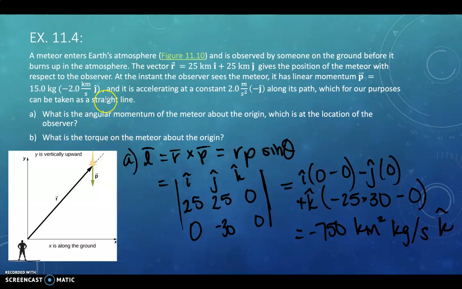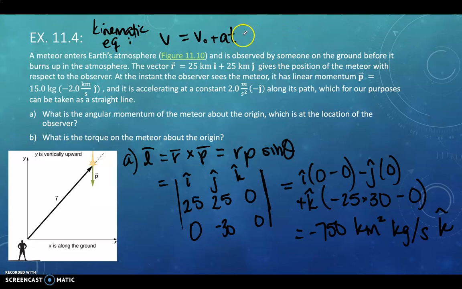So let's see. Velocity is typically equal to v naught plus a t, right? This is from our kinematic equations way back when.